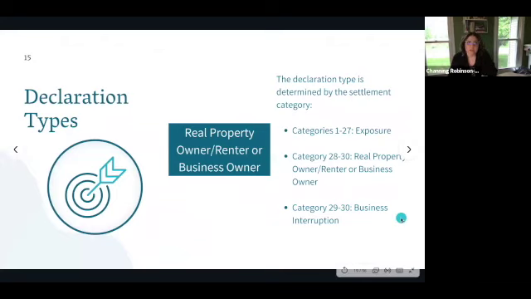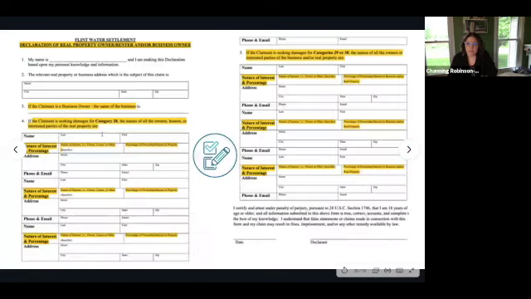Okay, the second declaration type is the real property owner / renter or business owner declaration. Again, this is only if you selected categories 28 and 29. And this is for essentially if you owned, leased, or were a business owner in Flint.